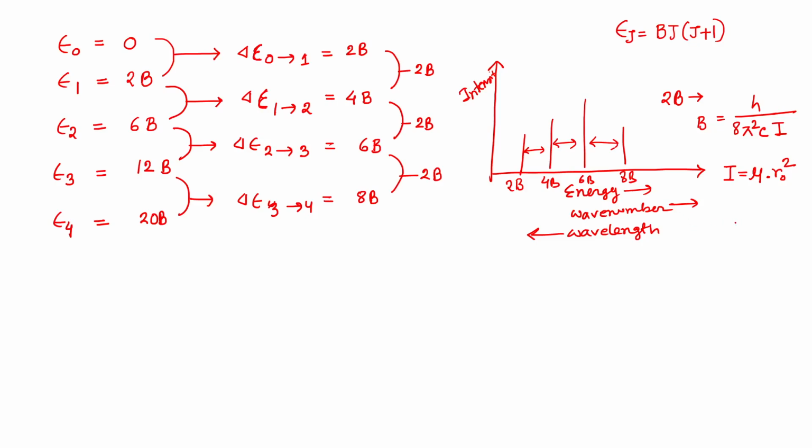When you know the molecule you are working with, suppose carbon monoxide or hydrochloric acid, then you know the reduced mass also. So what is unknown is the bond length. For a diatomic, heteroatomic molecule, the simplest case like that, we can get the bond length, right?